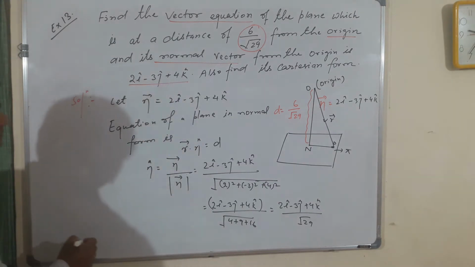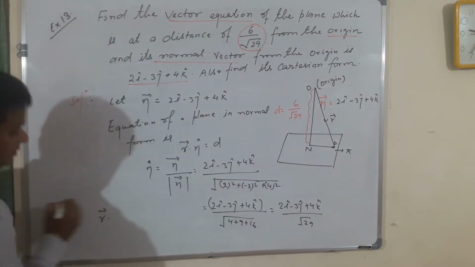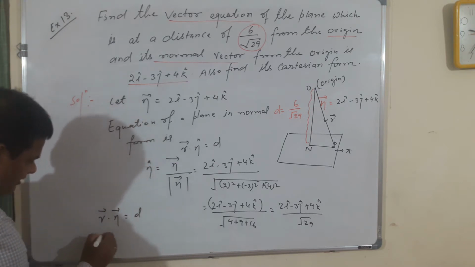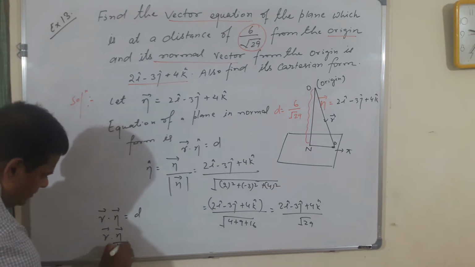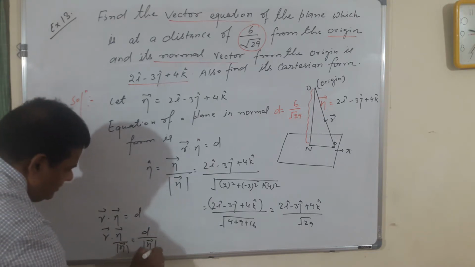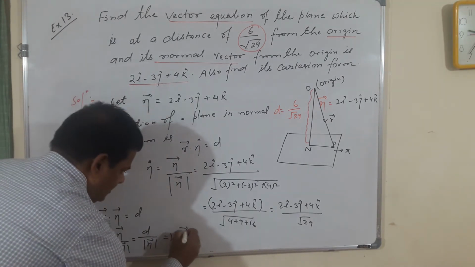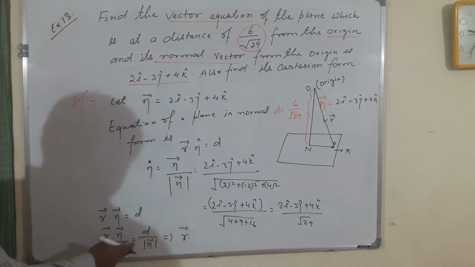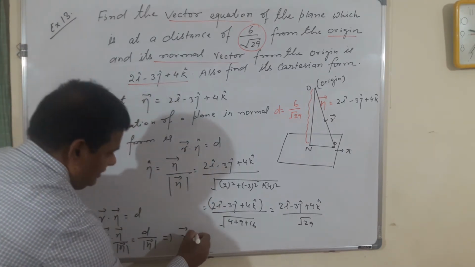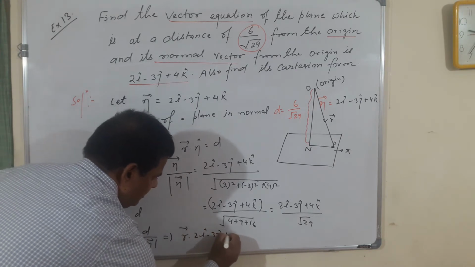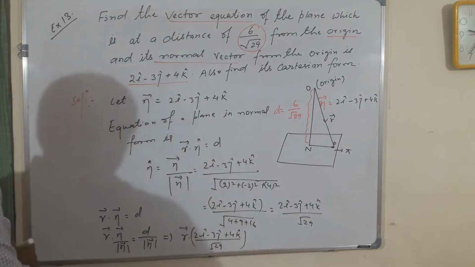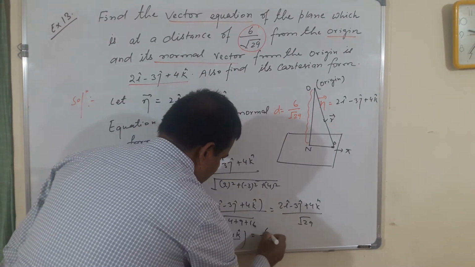So vector r dot vector n is equal to d, that is, vector r dot unit vector n equals d. Using the formula, r dot unit vector n is 2i minus 3j plus 4k divided by root 29, into d. d is here 6 by root 29.